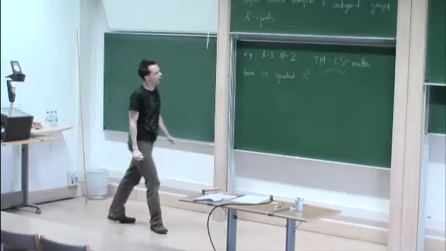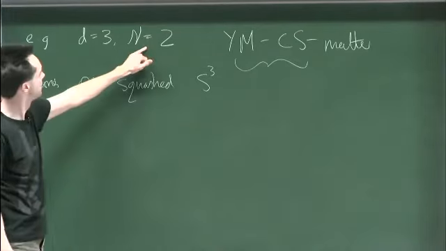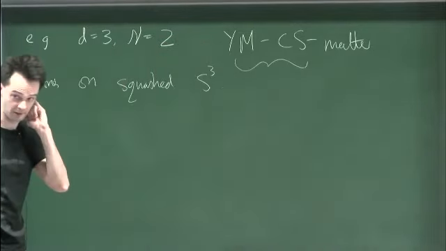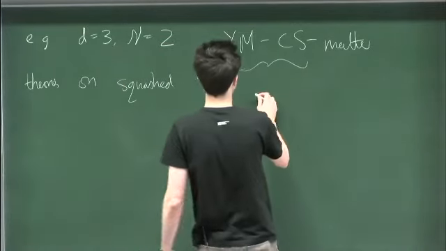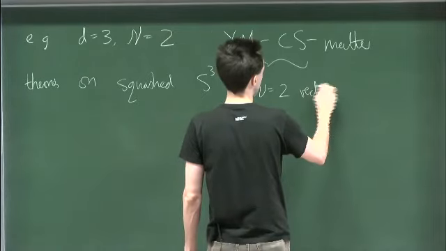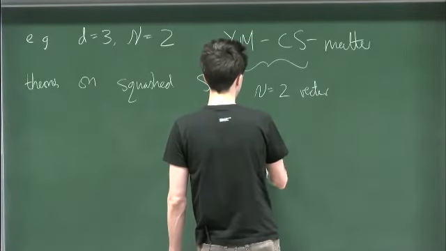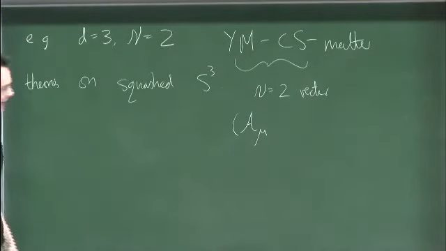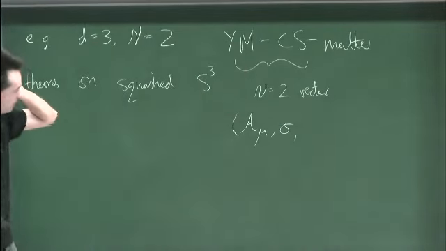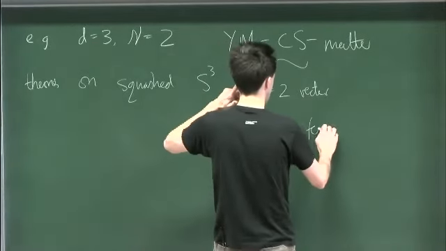Okay, so these are N=2 theories in 3 dimensions. In the vector sector, gauge field sector, this will be an N=2 vector multiplet. I'll remind you that includes a gauge field A_mu and a scalar sigma plus fermions.